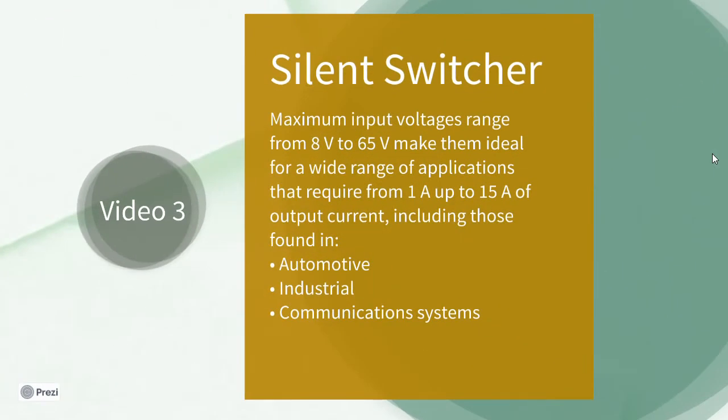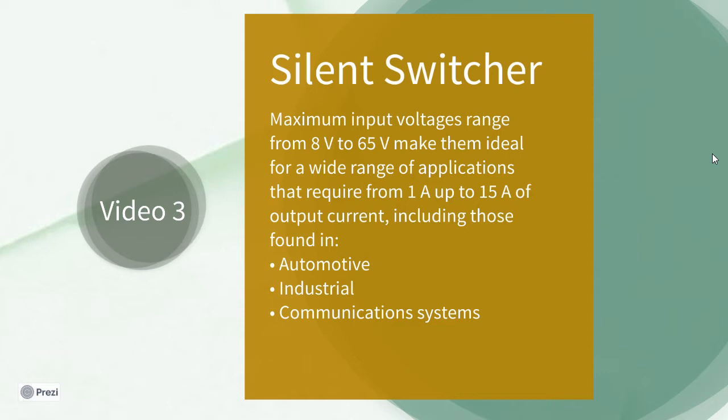The ADI silent switcher regulator family now offers a new level of performance for step-down DC to DC converters, combining 2 MHz switching, high efficiency, and ultra-low EMI. They offer very compact and low EMI power solutions.